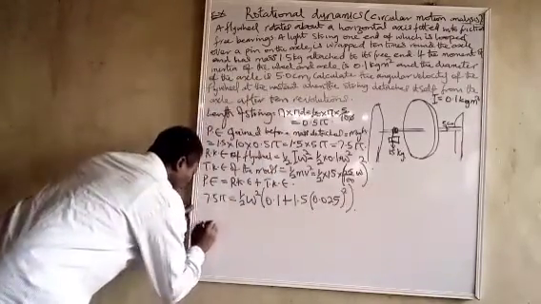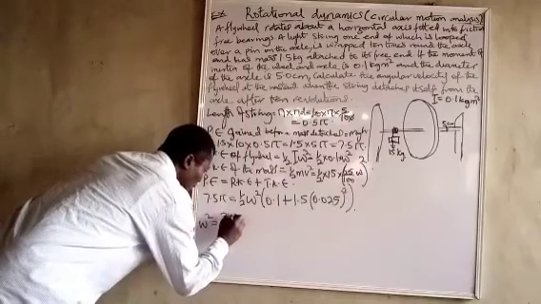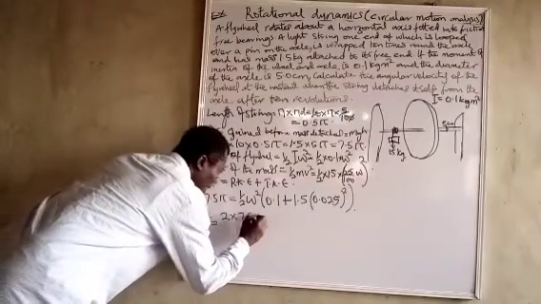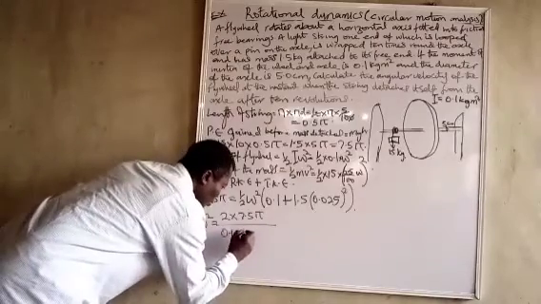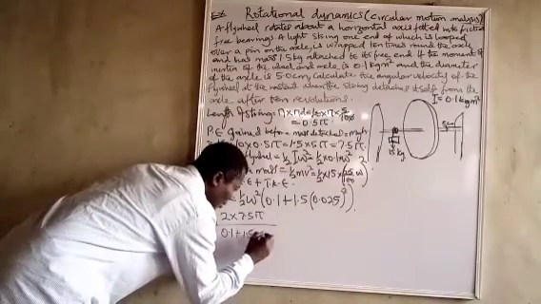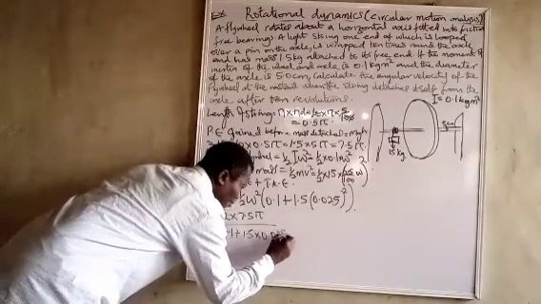Therefore, omega squared will be equal to 2 times 7.5 pi divided by 0.1 plus 1.5 times 0.025 squared.